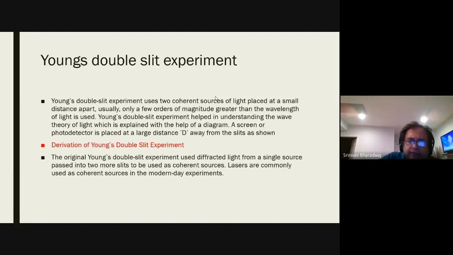The reverse of this is what we call the photoelectric effect, which we'll come to next. But the laser emits light of a particular wavelength.